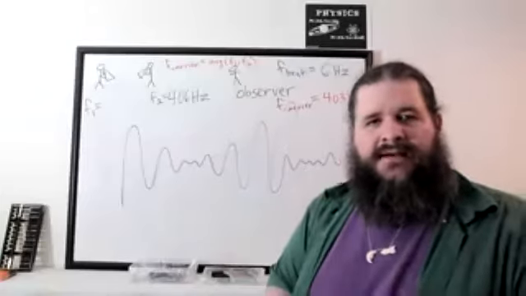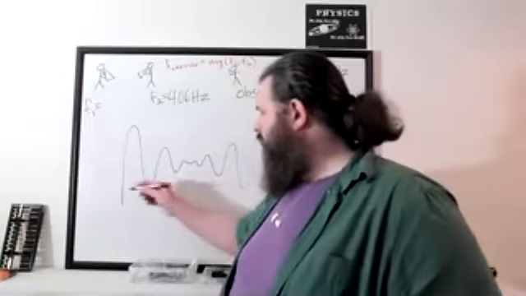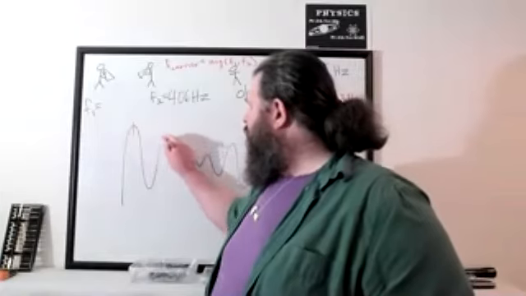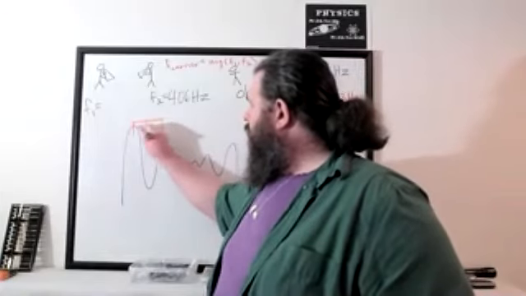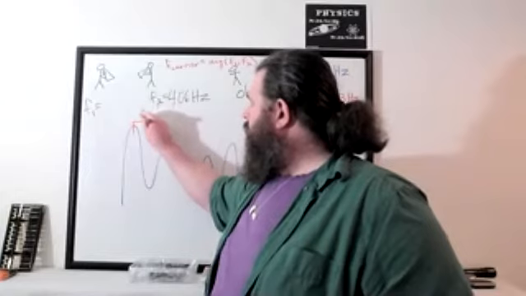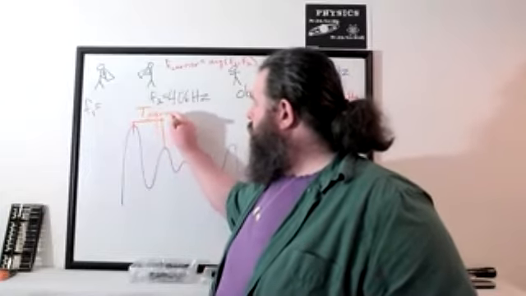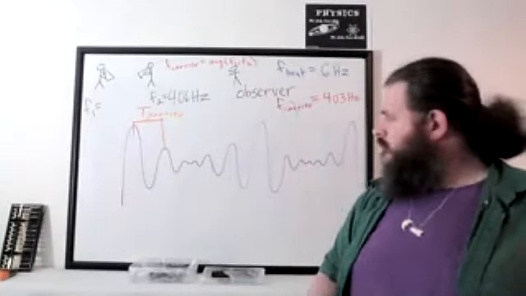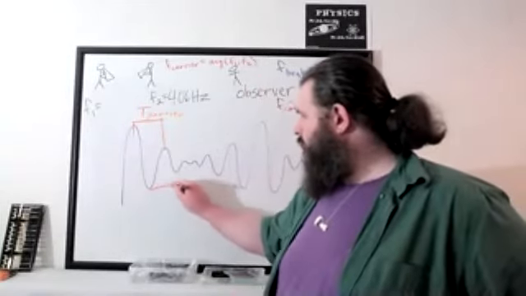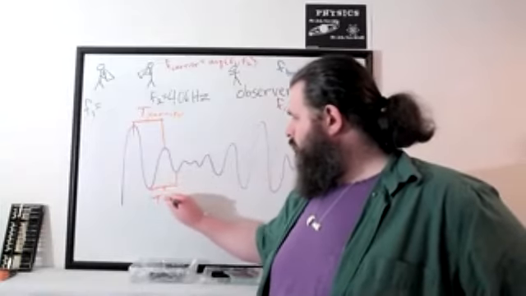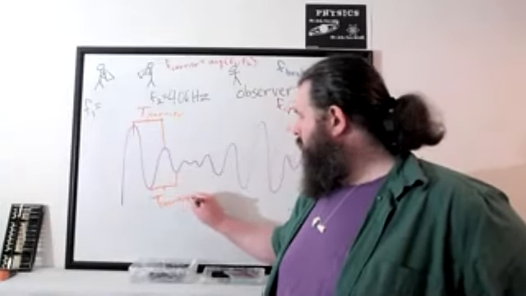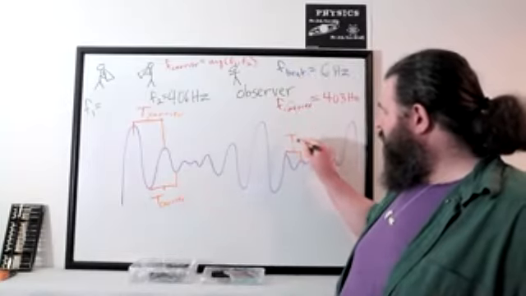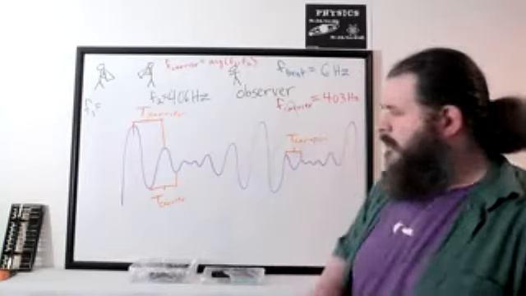The carrier period would be the time, assuming this is a time versus Y graph, from crest to crest. So that's the carrier period, crest to crest as usual, or trough to trough would also be the carrier period. And that should be the same throughout. Like this amount of time should be the same carrier period from crest to crest.